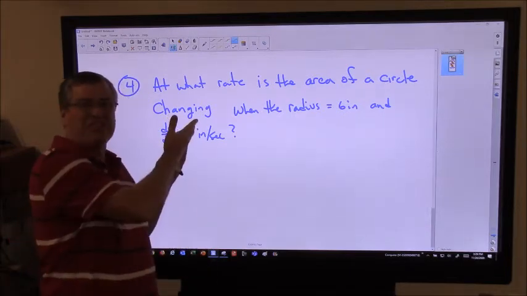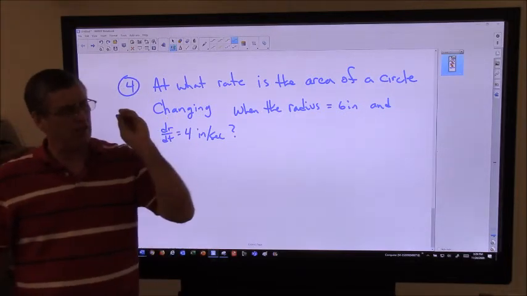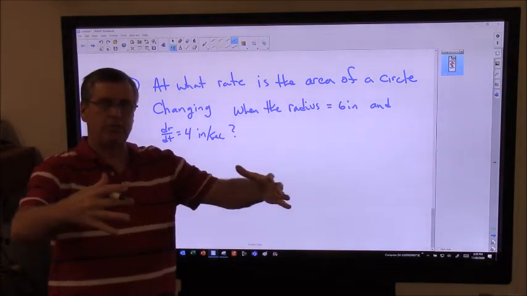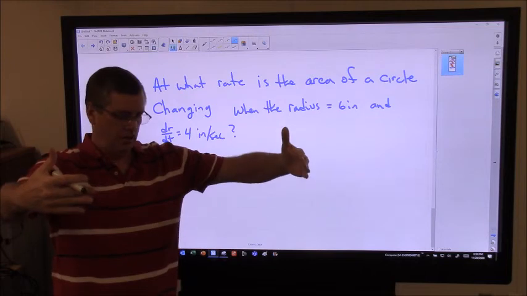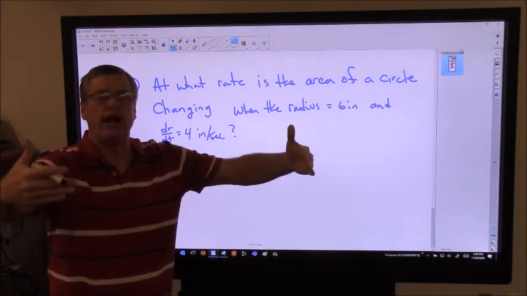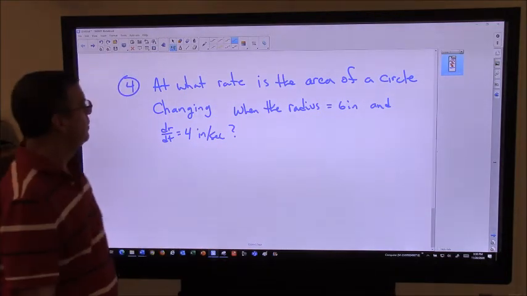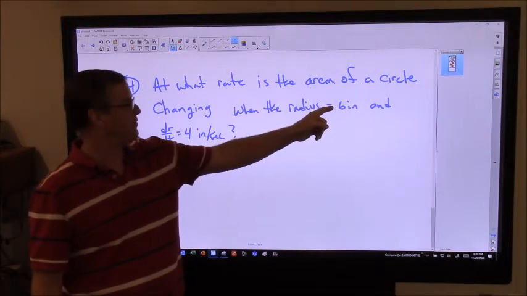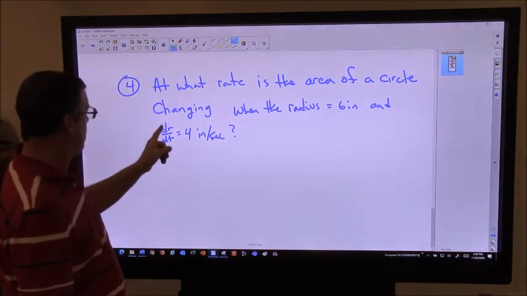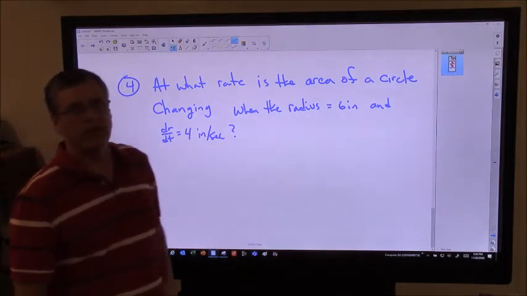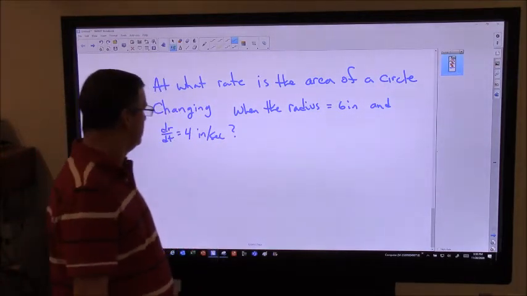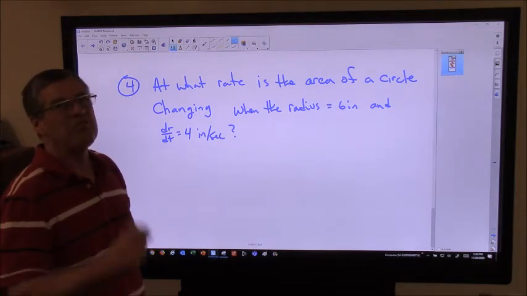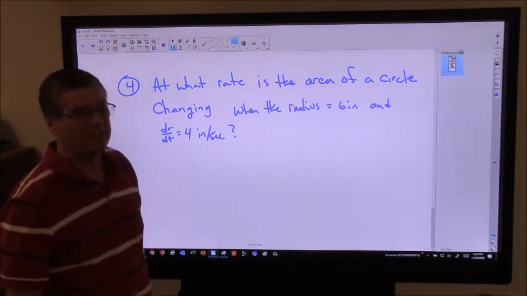But it's kind of what this is talking about. You throw a rock in there and you watch the ripples, and what it does is it makes a circle and it gets bigger and bigger and bigger. And so how is the area of that circle changing when the radius gets to a certain size and the radius is changing at a certain rate? You'll never throw a rock in the water and think the same way again.